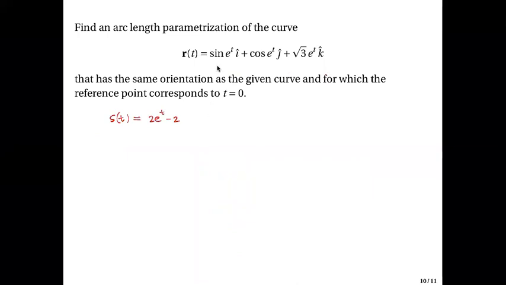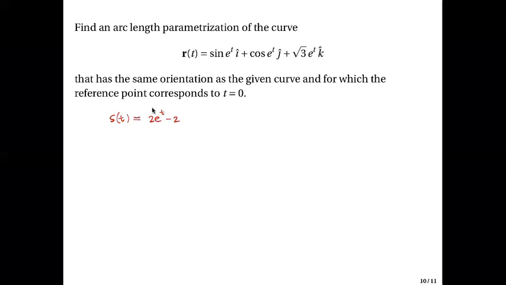So we want to write t in terms of s, and then we will replace that in here. And then you have the parametrization or reparametrization with respect to the arc length.